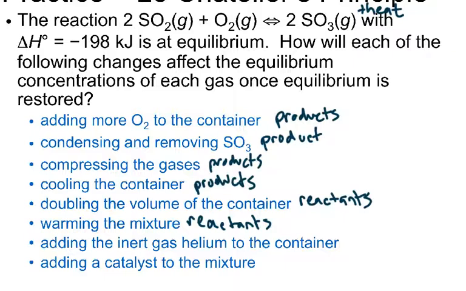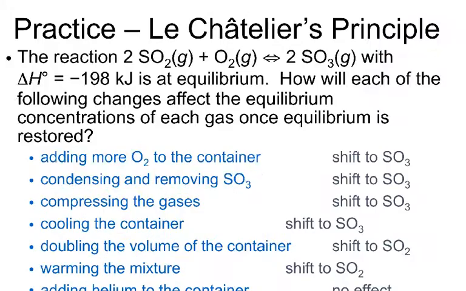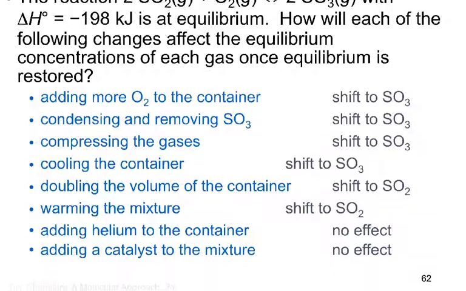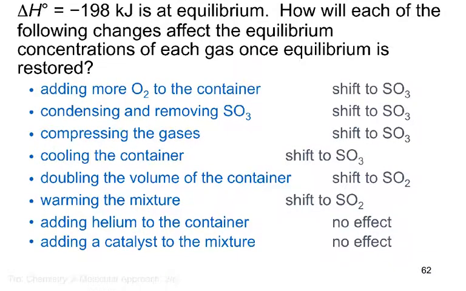And so adding an inert gas is going to do nothing. Just like adding a catalyst, like we talked about on the last slide, also does nothing. So there are the answers.